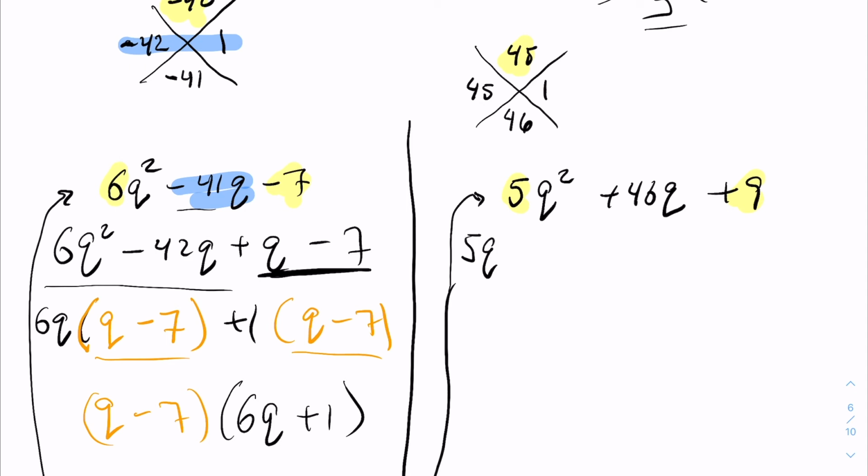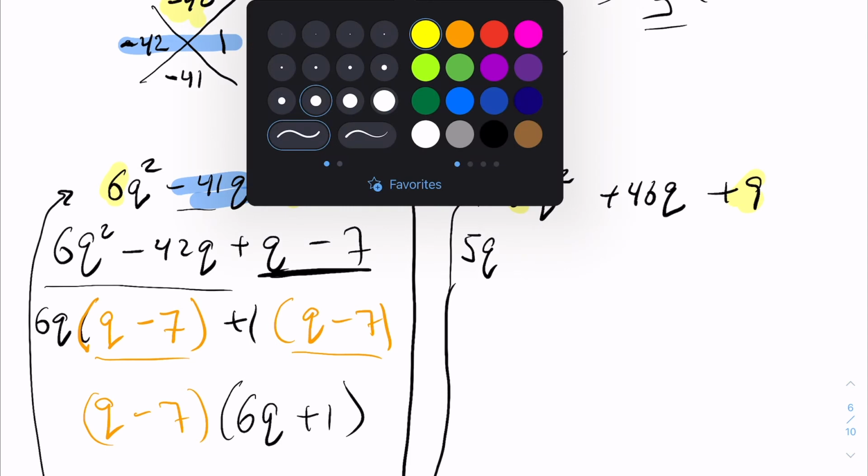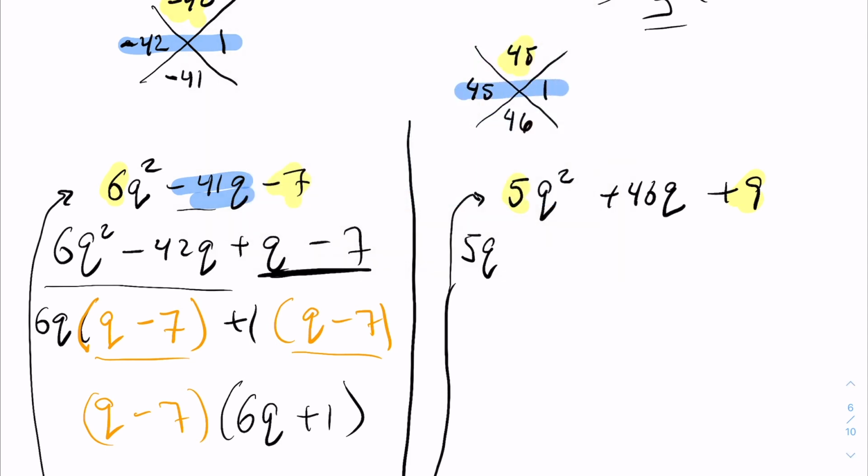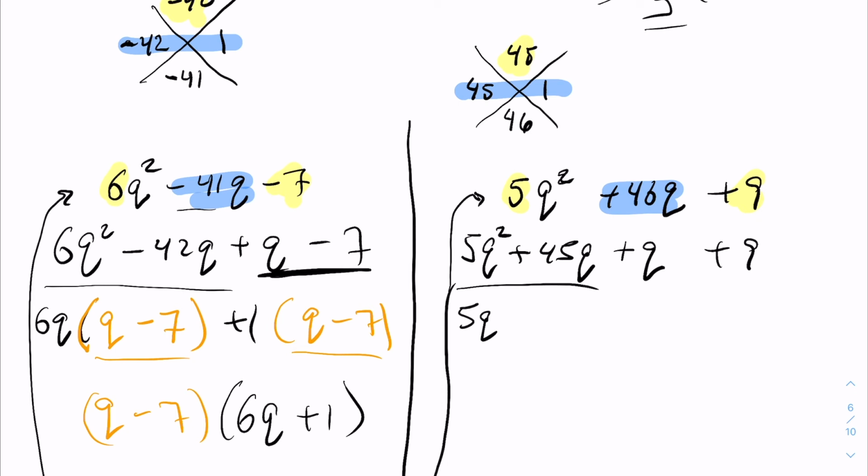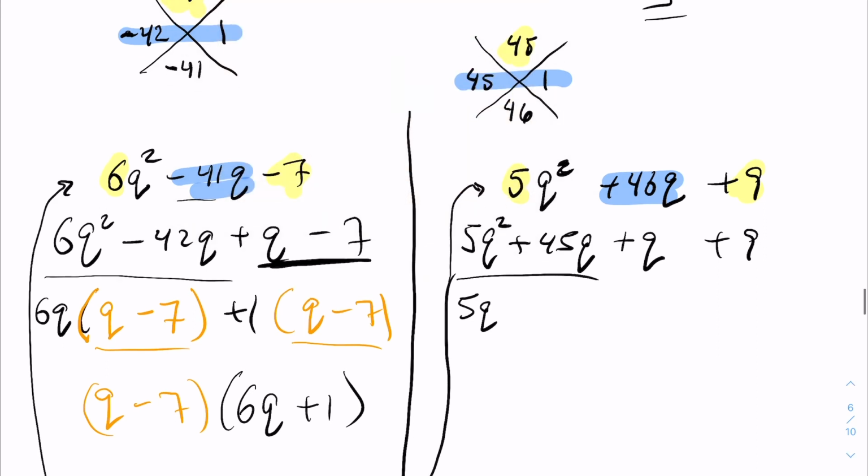So we're going to replace these target numbers with that middle number in our trinomial, and we get plus 45q plus 1q plus 9. We go to group, we factor out a 5q. By the way, I needed to copy the square, didn't I? 5q squared. Okay, so now when I factor out my 5q, what do I have left?